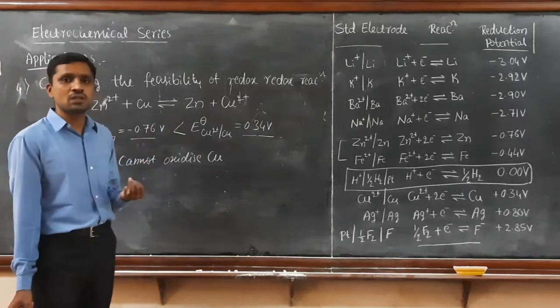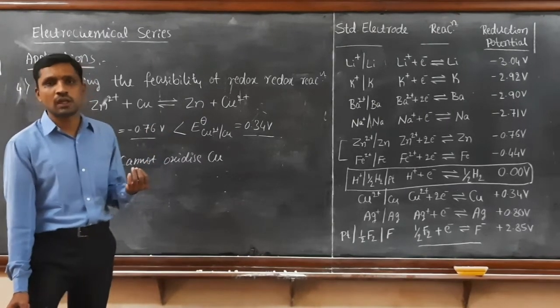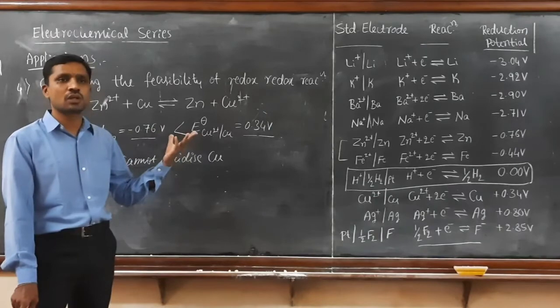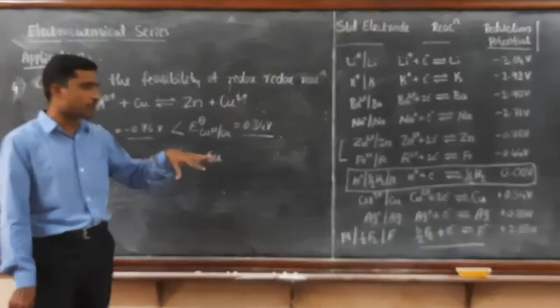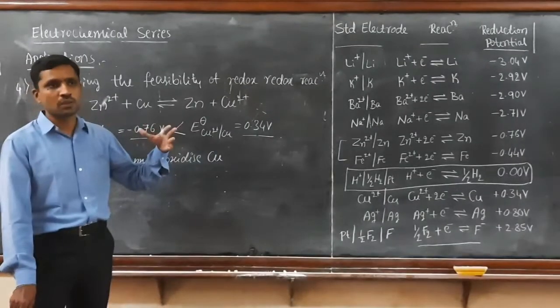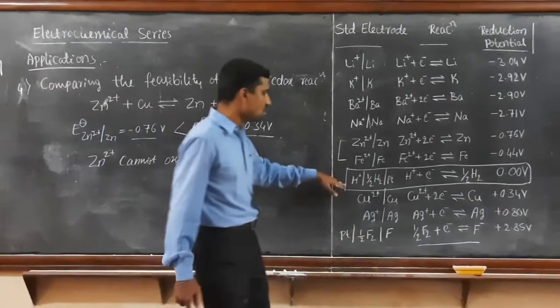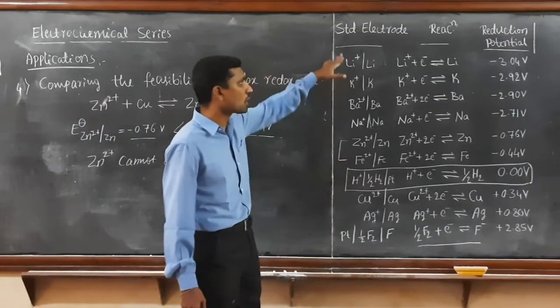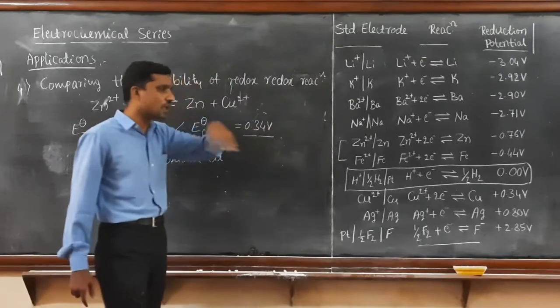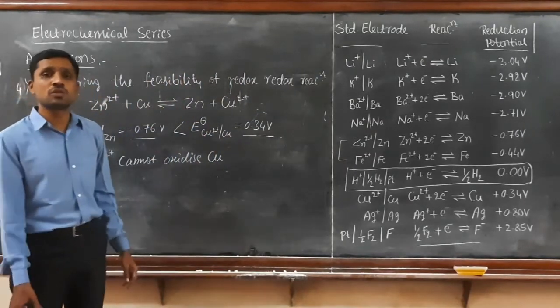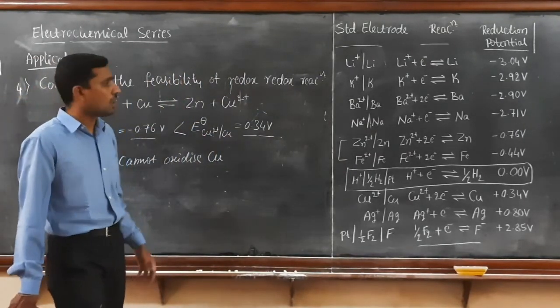The third one is that you can determine which metal will liberate hydrogen gas whenever it reacts with acid. A substance with a lower reduction potential, in terms of negative values, present above hydrogen in the electrochemical series, will liberate hydrogen gas from an acid.